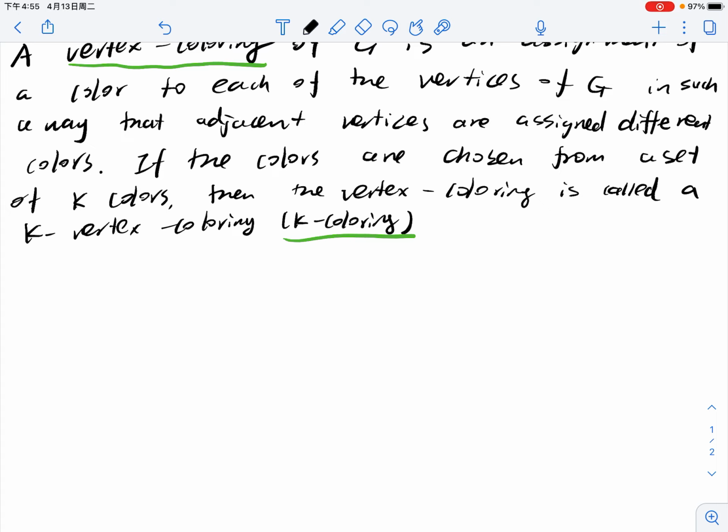And note that even if we have a k-coloring which uses fewer than k colors, we can still call it a k-coloring.